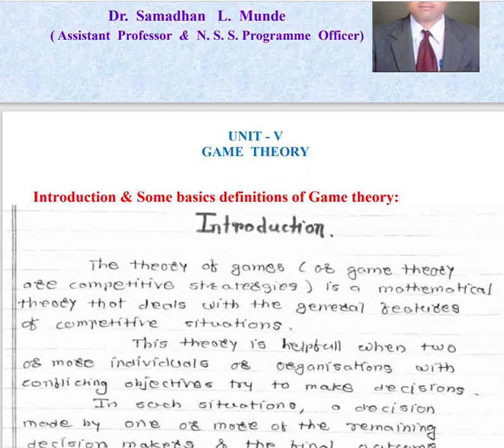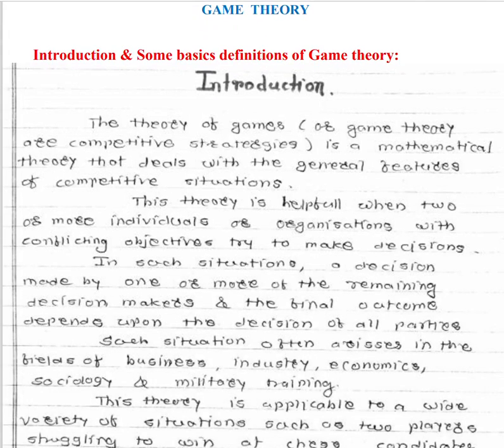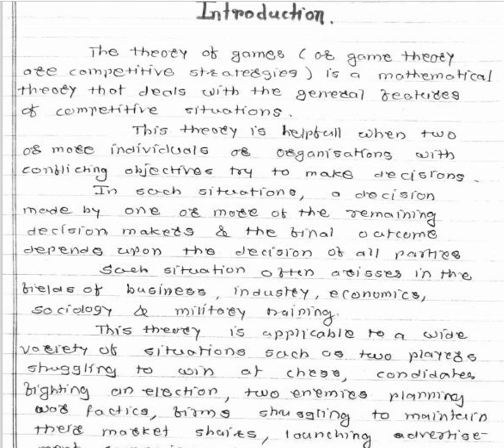Before going to the definition of game theory, we will see the introduction part. Game theory is related to competitive strategies, and is also called the theory of games. It is a mathematical theory that deals with the general features of competitive situations.